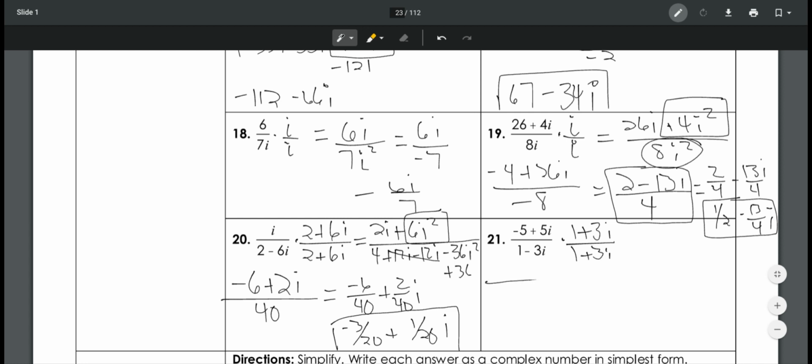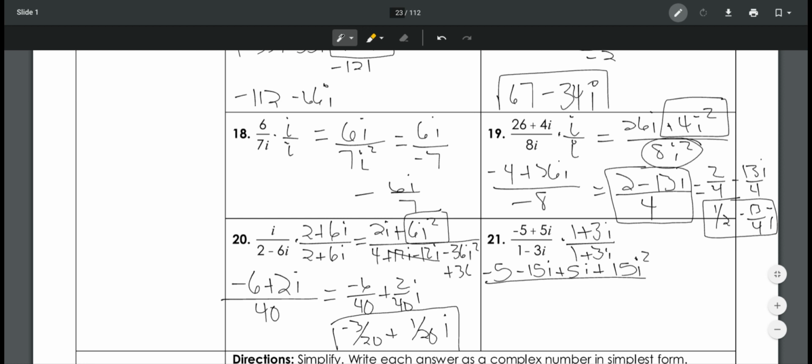So when I completely FOIL across the top, negative 5 times 1, negative 5 times positive 3i, 5i times 1, and 5i times 3i, which is positive 15i squared, which I will clean up in just a minute.